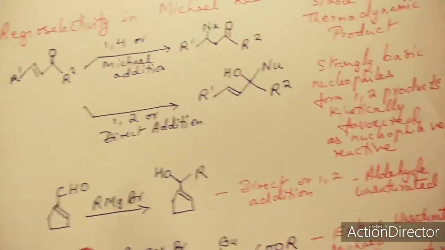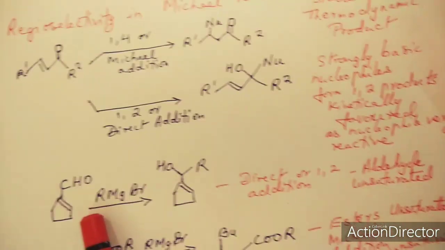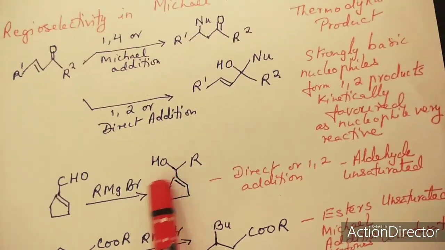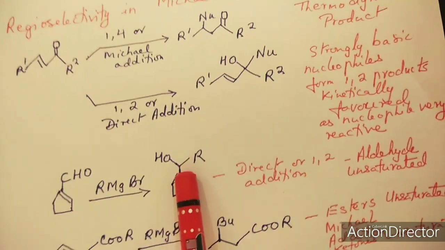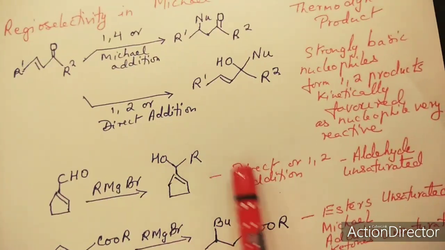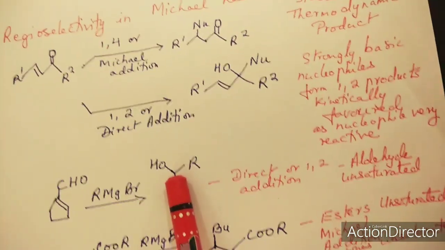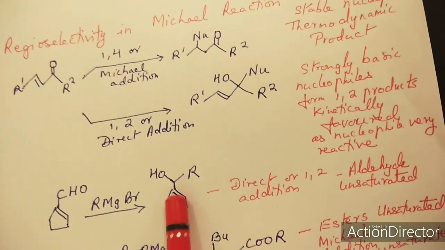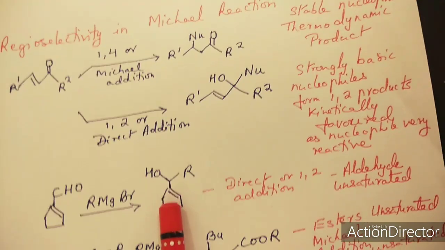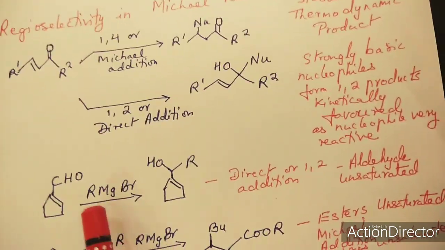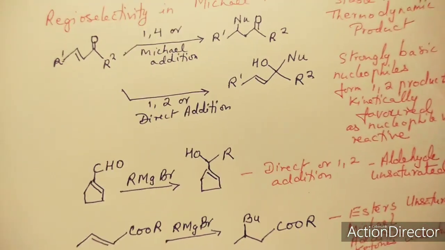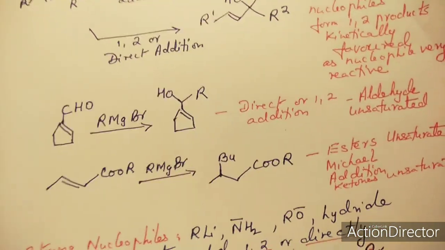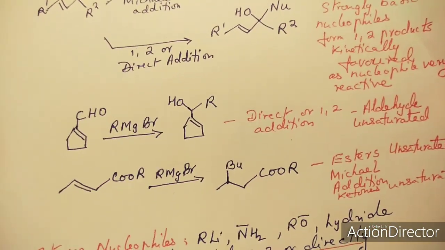Now let's see if we have an unsaturated aldehyde. In that case, we are having a direct addition, 1,2 addition in this aldehyde, because carbon is more positive here, so a direct addition. And this bond is not destroyed in the case of aldehyde. On the other hand, when we have an unsaturated ester or an unsaturated ketone, in that case, Michael addition takes place.